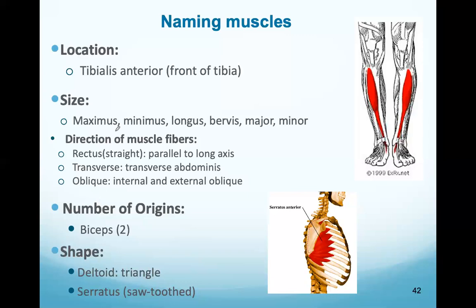The actual muscle, if you take a look at it, is a triangular muscle over your shoulder. And serratus means sawtooth, basically creating that seesaw pattern you see right here. So this is, for instance, serratus anterior. Basically this is both the location as well as the pattern.